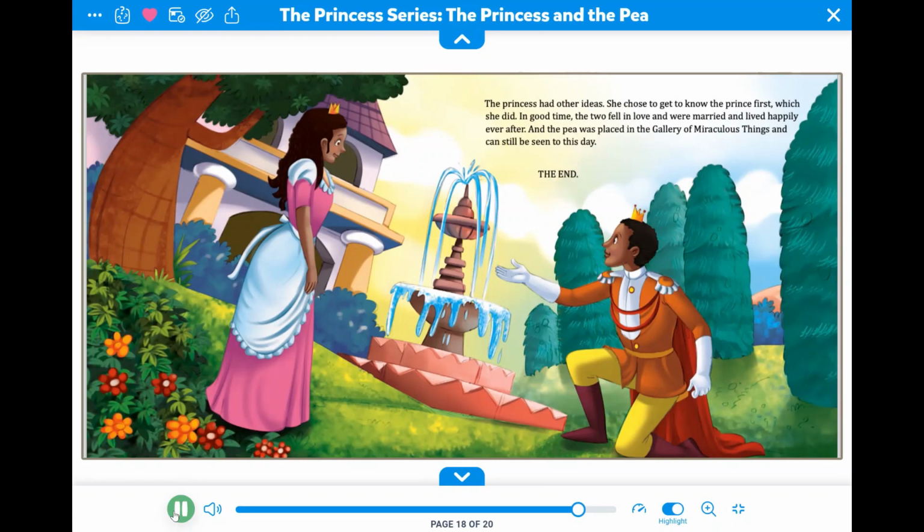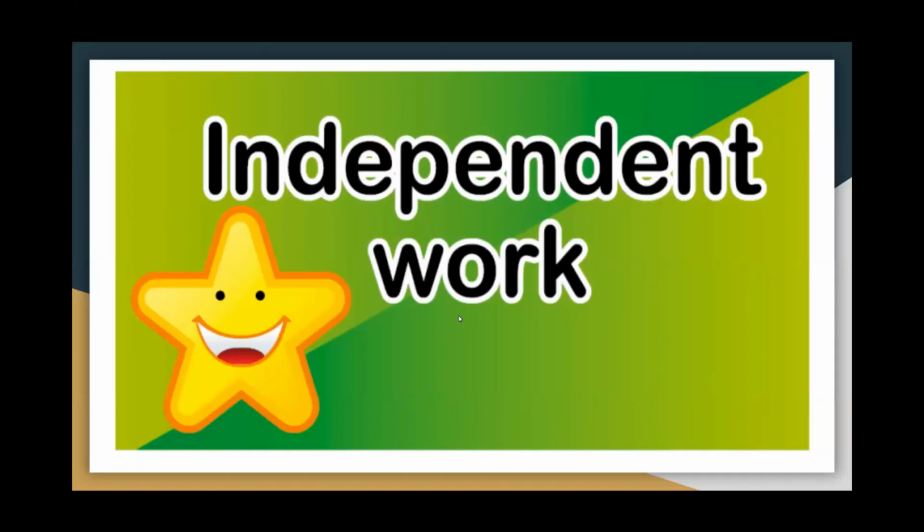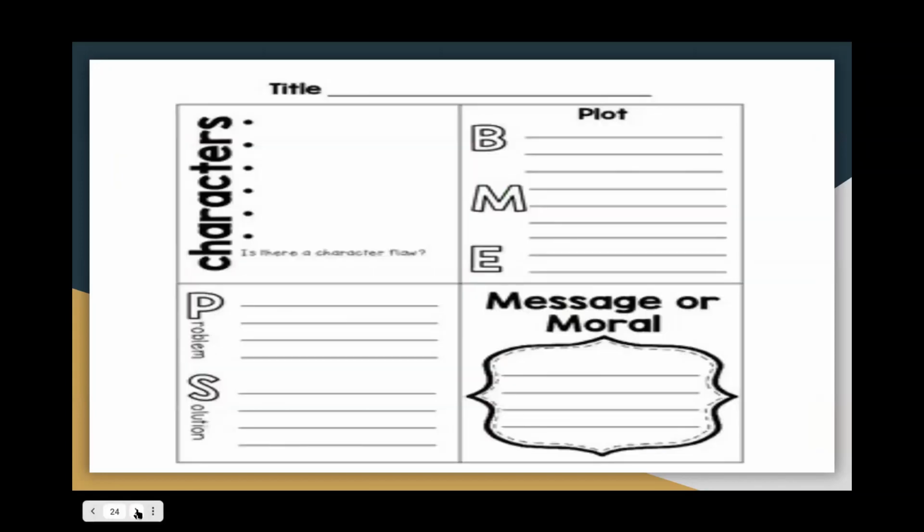The end. Okay, boys and girls, how did you like that tale of the princess and the pea? Did you make sure to look out for the different elements of the tale, the setting, the characters, the problem, the solution, and the lesson that was learned in the story? Well, now it's time for your independent work part of this lesson. Keeping that story in mind, you will be filling out this graphic organizer.